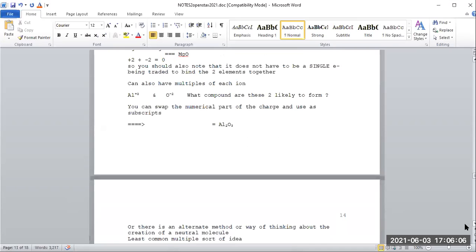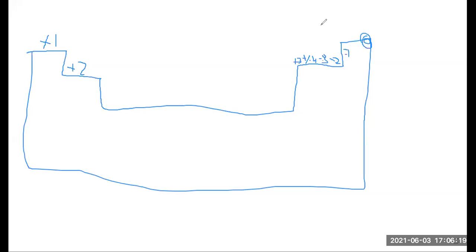You can do a couple of different methods to kind of make this idea sort of swap out. Back to my whiteboard again. All right, what if I do this? Okay, we're going to take aluminum and put the +3 on it.